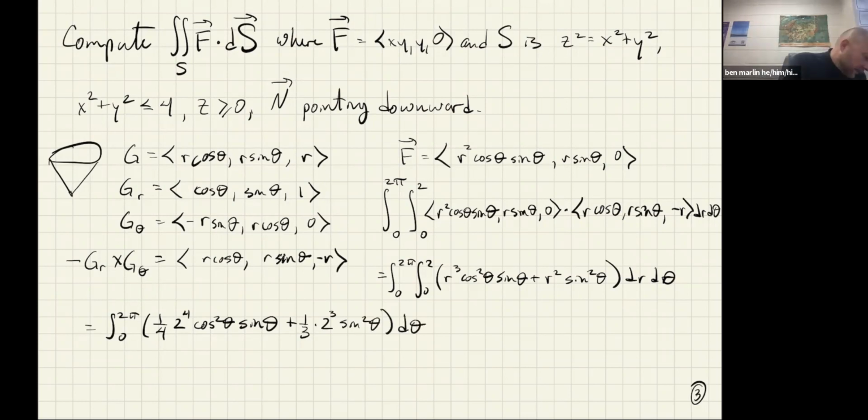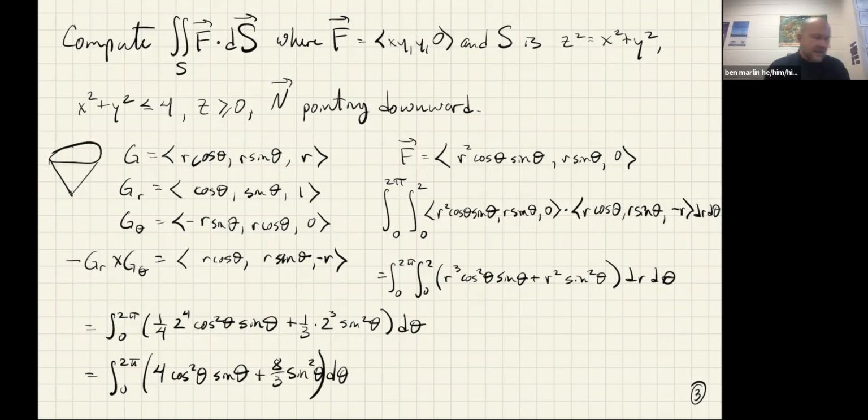Okay, so now we have to do the integral 0 to 2 pi of, let's see, 1/4 times 2 to the 4th, 2 to the 4th is 16, so 4 cosine squared theta sine theta plus 8/3 sine squared theta d theta.